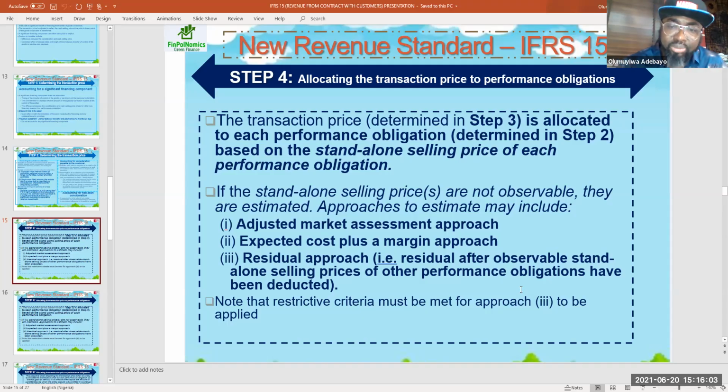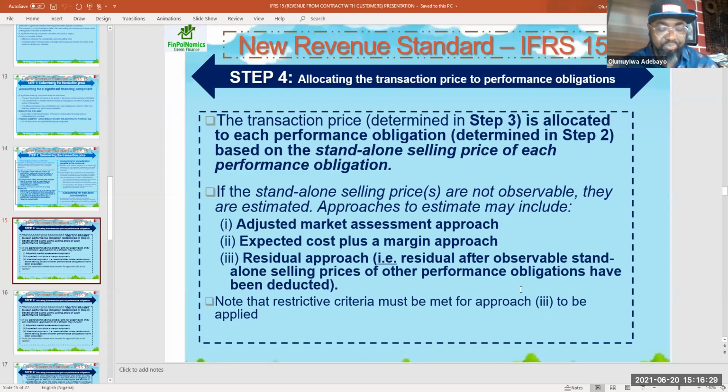And what that presupposes is that most times you have the knowledge of the standalone prices of those performance obligations. And what it then means is that if you have such, then you can easily split the transaction price into those performance obligations.